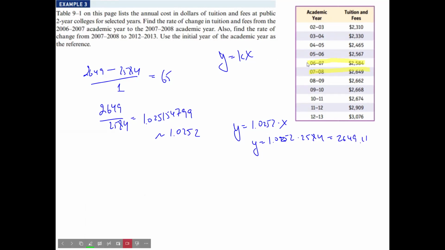Now, the other pair is this and that. So 1, 2, 3, 4, 5 years, right? So if you go for the first approach, you need to do this. 3076 over 2649, to the power of 1 over 5.